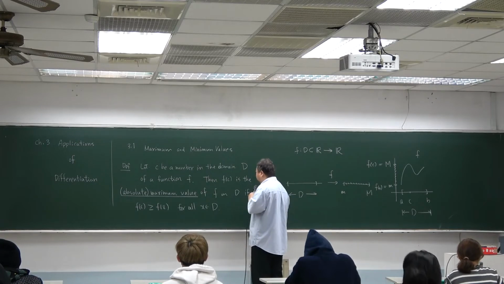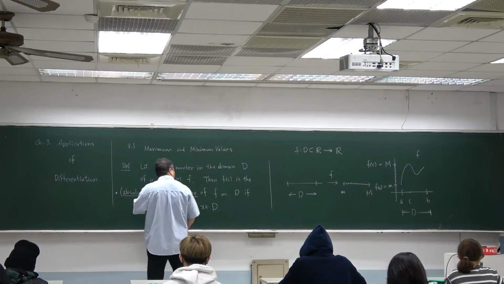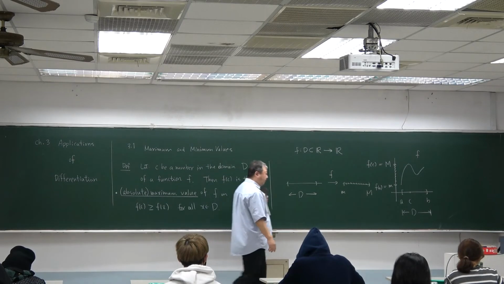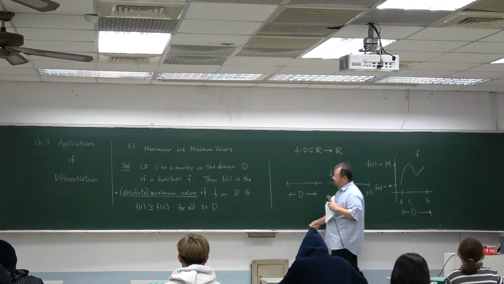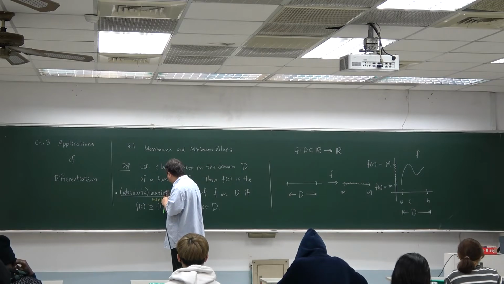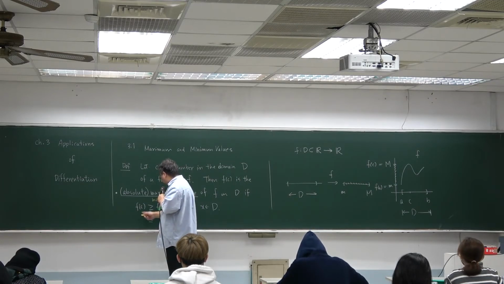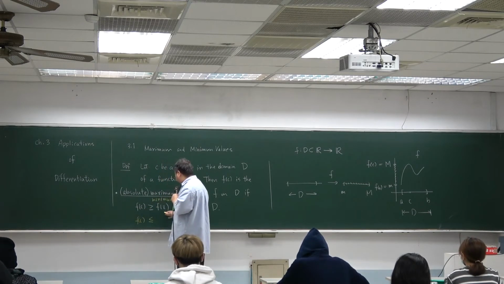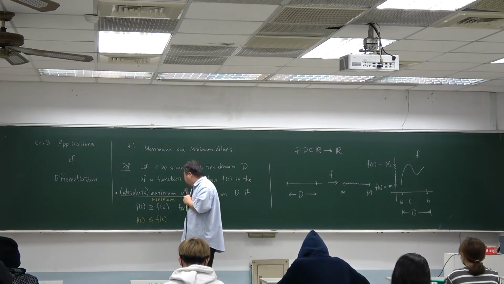So similarly, we can define absolute minimum by replacing the relation f of c is greater than or equal to f of x by f of c is less than or equal to f of x.